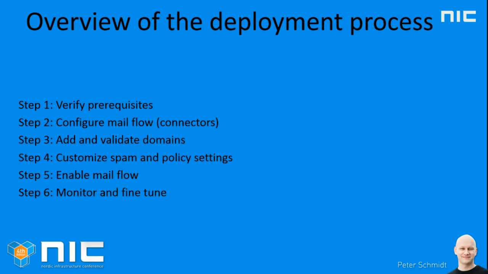What's important when you start doing the deployment of this is that you go through a certain number of steps. We have some connectors that we need to create out in the portal to make sure we have some mail flow. You have to go in and add and validate all your mail domains to make sure that you actually own these domains and can use them in the portal to receive mail on.